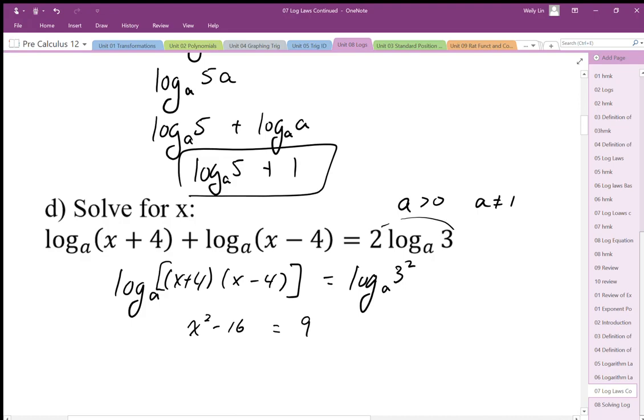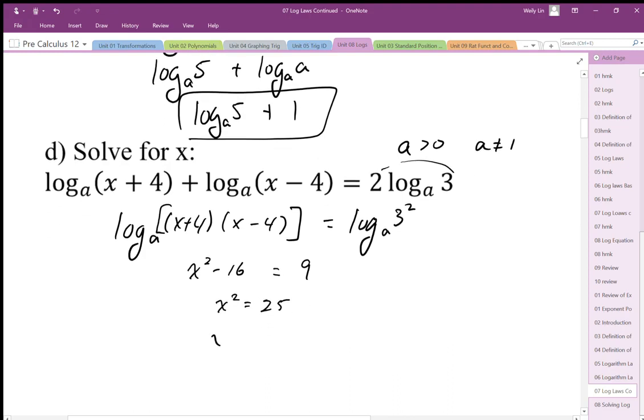Okay, and solving this, I can just go x squared equals 25, and then solve for x equals plus or minus 5.